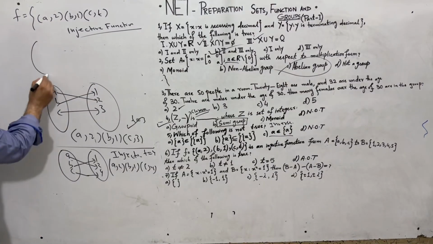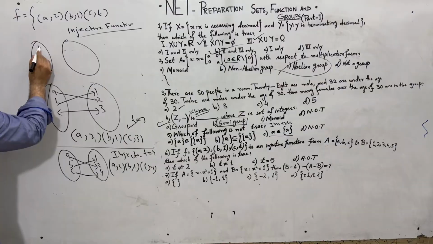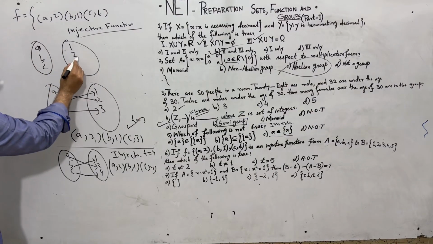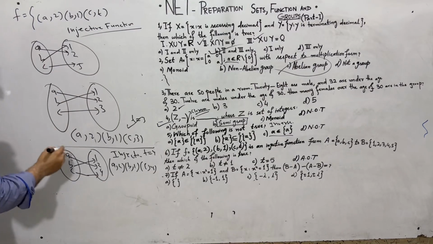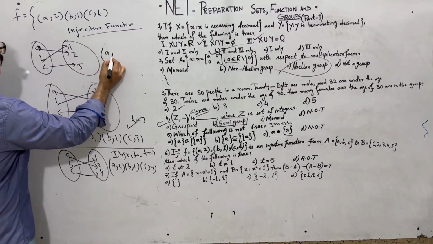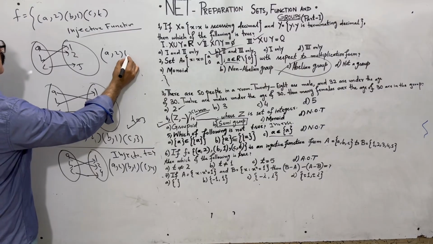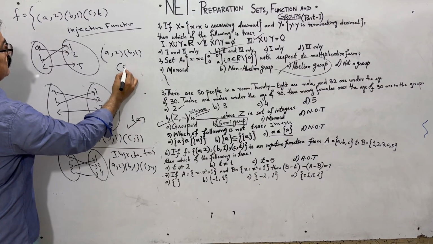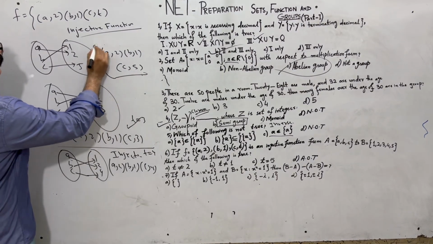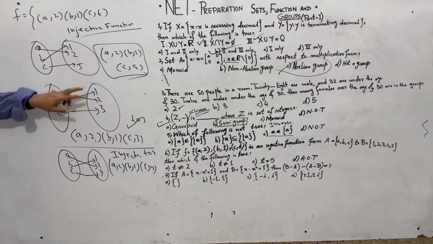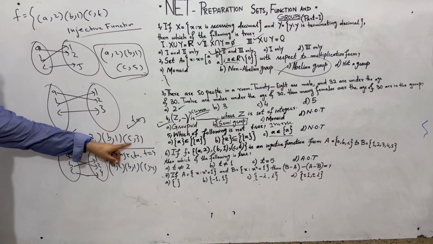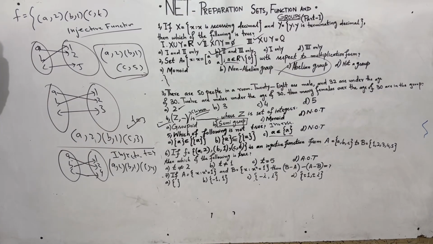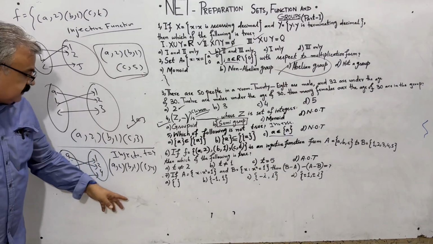Let me write the final possibility here. A, B, C and 1 to 5. B to 1, A to 2, C to 5. It is also injective. They are all injective. If we put T equal to 5, it's injective. If we put T equal to 3, it is still injective. If we put T as 4, it is also injective.